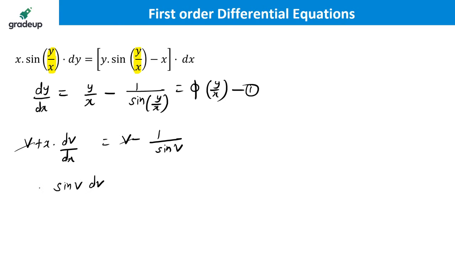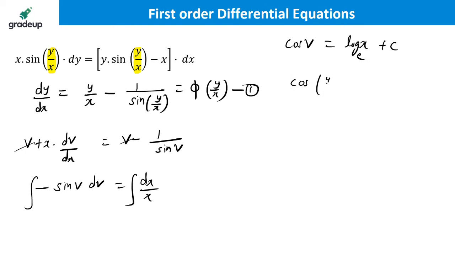Sin v dv equals minus, shifted to the left side, dx upon x. Integrate both sides. So integration of minus sin v, minus as it is, sin v integration is minus cos v. So plus cos v equals log x plus c to the base e. Finally put the value of v. Value of v is y by x.